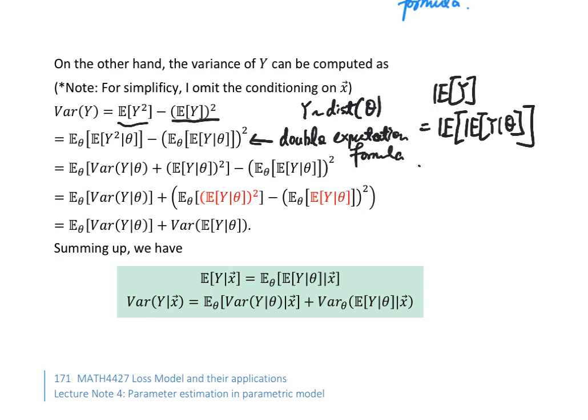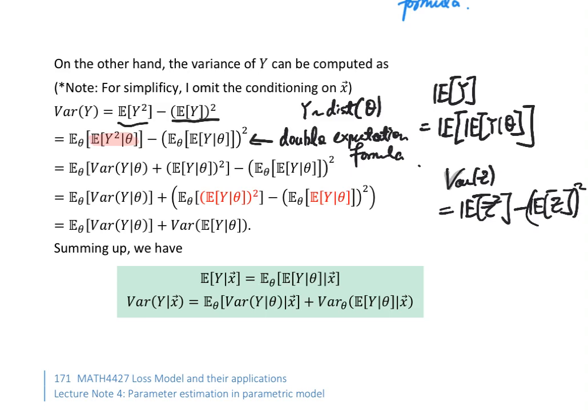Okay, now given this, what should we do? The next thing I am going to do is try to expand this second moment. Just recall that for any random variable, the variance of z is equal to the second moment minus the square of the first moment, right?